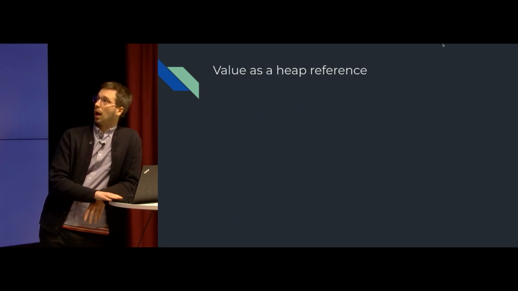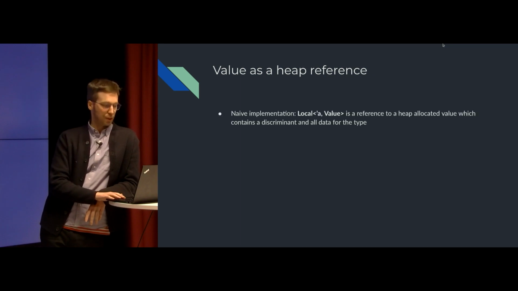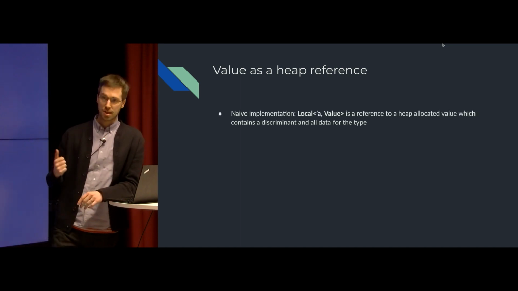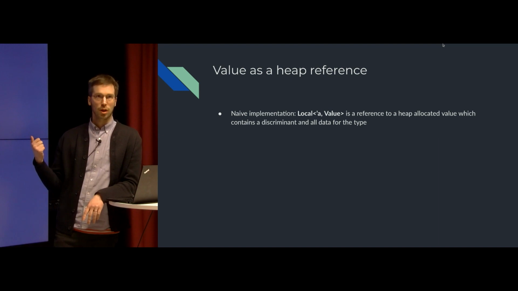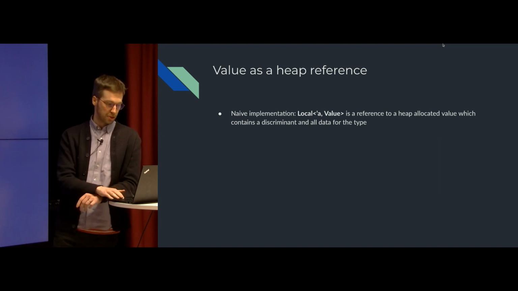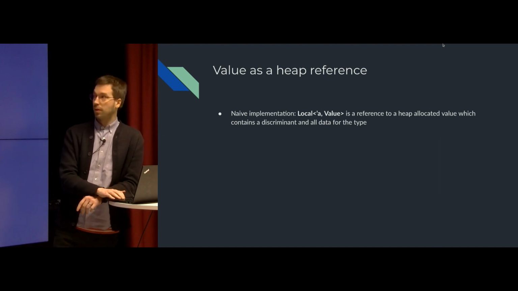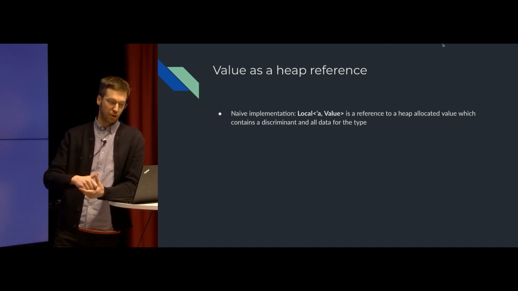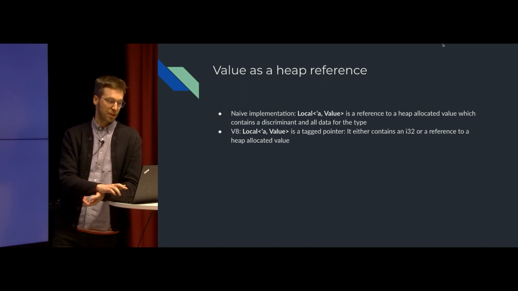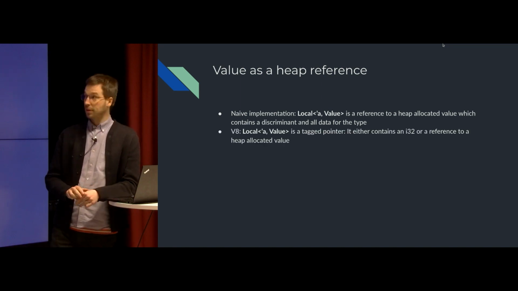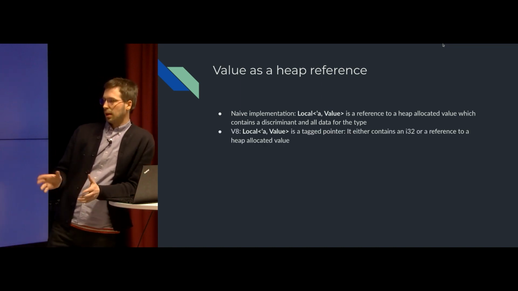So how would a heap reference value work? This is how V8 does it. This is how JavaScriptCore also does it, basically. The very naive implementation is to take a reference that is just a pointer, and the heap-allocated value has that discriminant. V8 does something a little bit different.